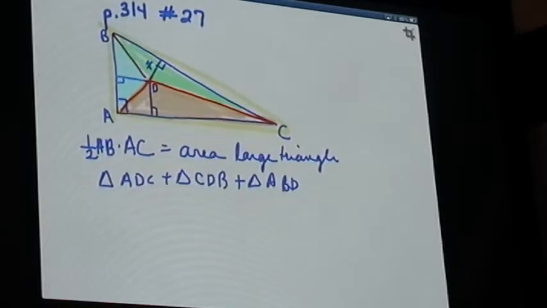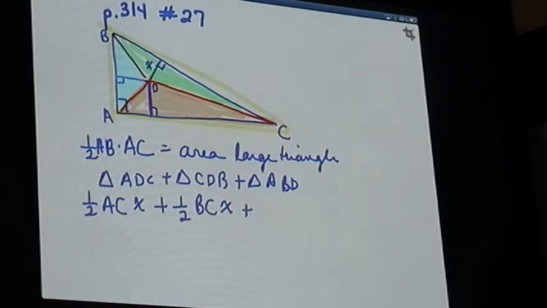All right, now let's write each of these areas in terms of their height and their base. Now the height of each of these triangles is the x that we're looking at here. So for the first triangle ADC, its area is equal to 1/2 the base, which is AC, times the height, which is x. And the green triangle is 1/2 the base, which is BC, times the height, which is x.